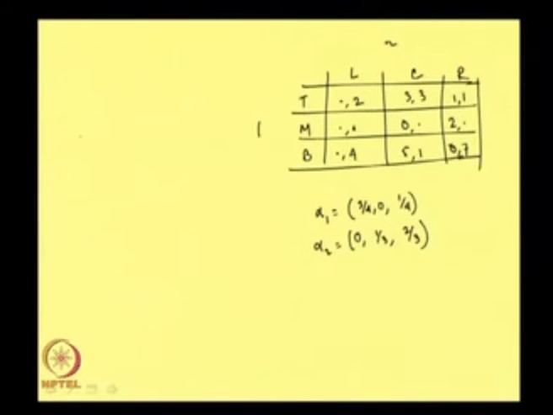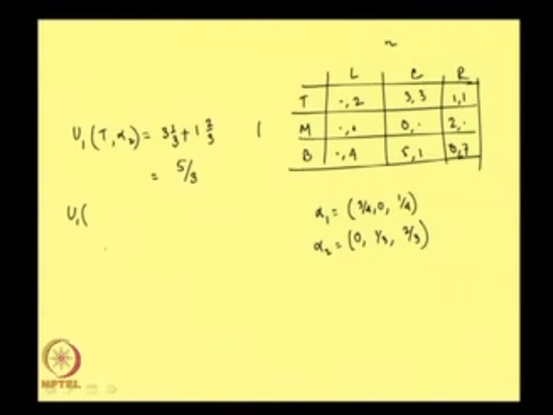Now, let us look at what player 1 gets if he plays T. This is the expected payoff given that player 2 is playing alpha 2. So, it is not just T, but T against alpha 2. Player 2 is playing this with 0 probability, this with 1/3 probability. So, I have to multiply 3 by 1/3 and 1 by 2/3. So, this is 5 divided by 3.